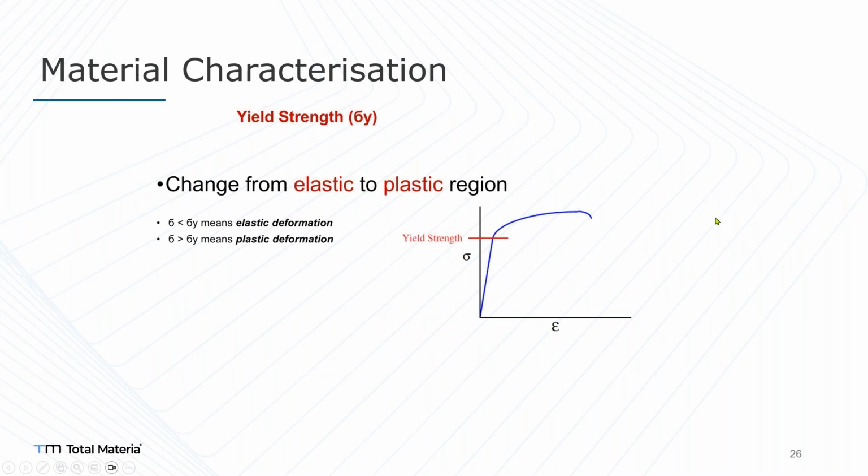Yeah, so the yield strength is the point where our stress-strain curve's linear region changes to, I would say, the nonlinear region. I think Erdi can say a lot about modeling the yield strength.